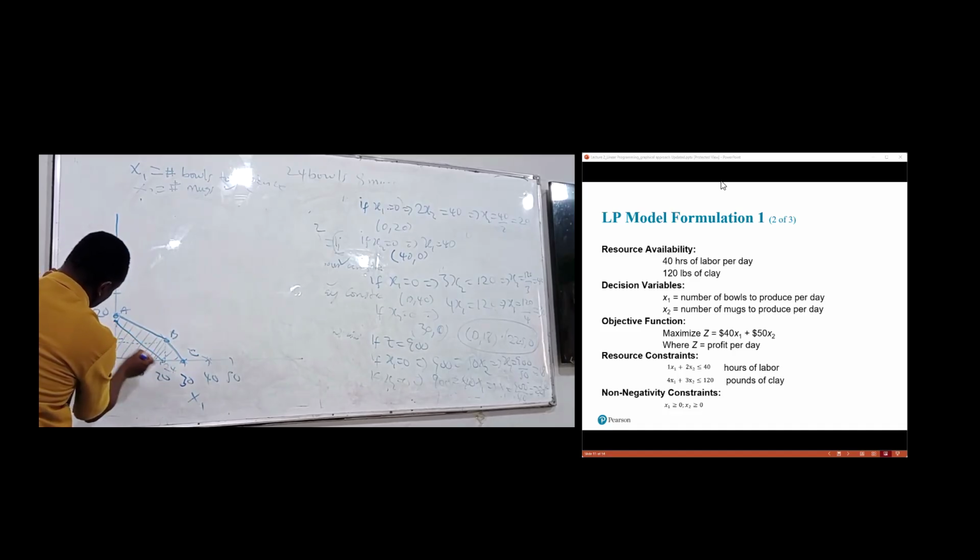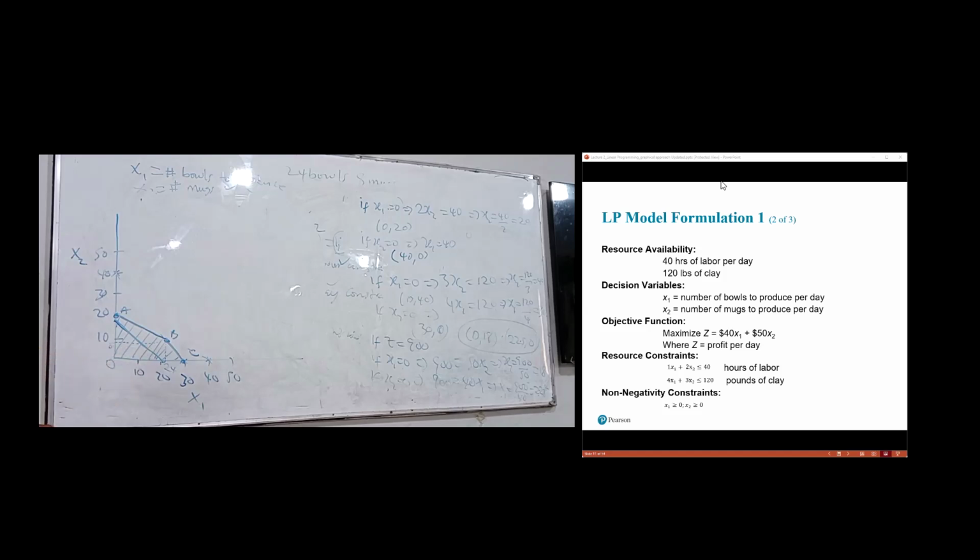So it's supposed to be a straight line. That is the line for the objective function. Now, the graph to determine which of the points is optimal. This is the question you ask.